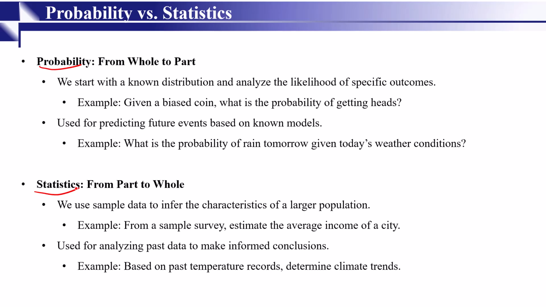So we can say statistics comes from past to now and probability goes from now to the future. Probability is deductive. We know the whole and we derive specific cases. But statistics is inductive. We observe specific cases and infer about the whole.